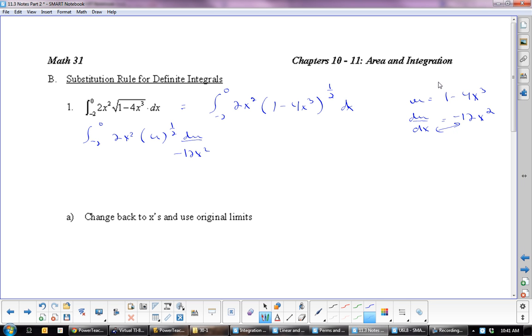Okay, the x squareds will cancel, and the 2 over negative 12 will be negative 1/6 u to the 1/2 du.